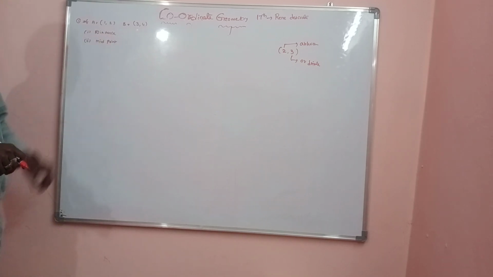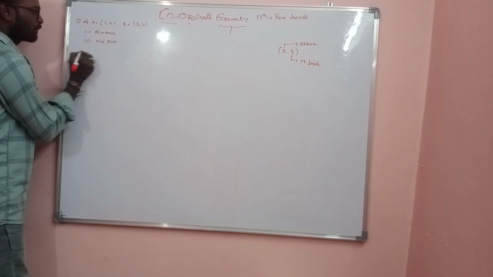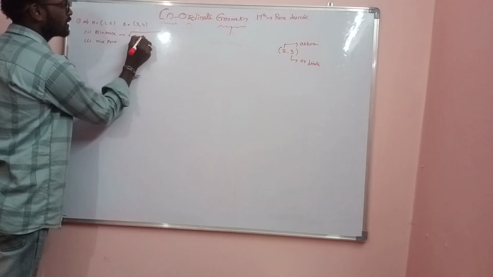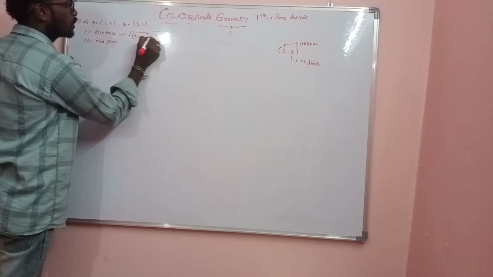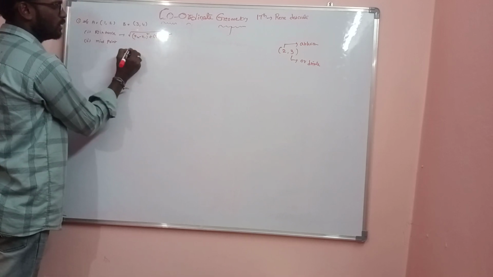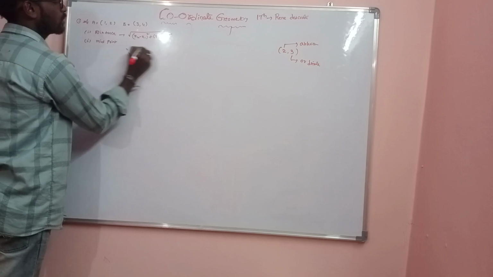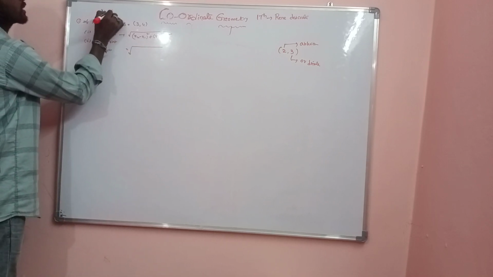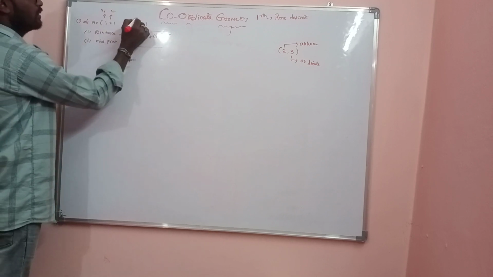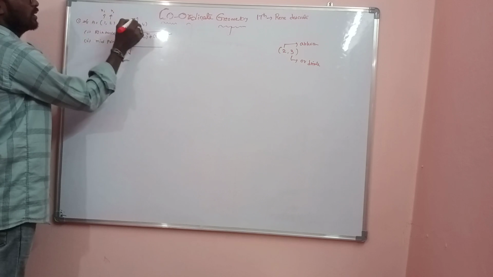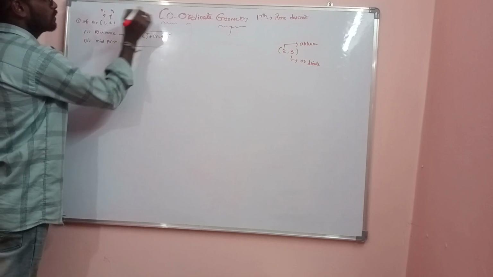You know the distance formula? Root of (x2 minus x1) whole square plus (y2 minus y1) whole square. This is x1, y1, this is x2, y2.